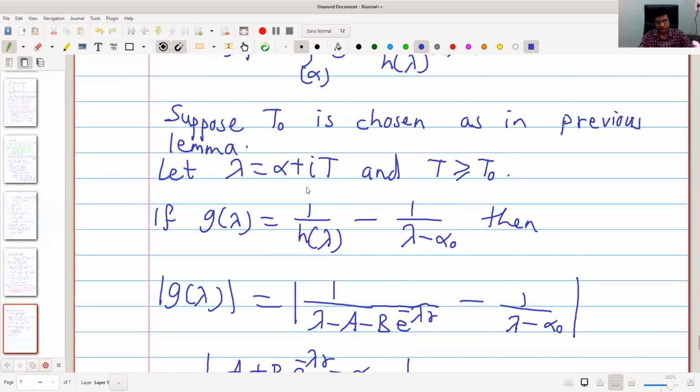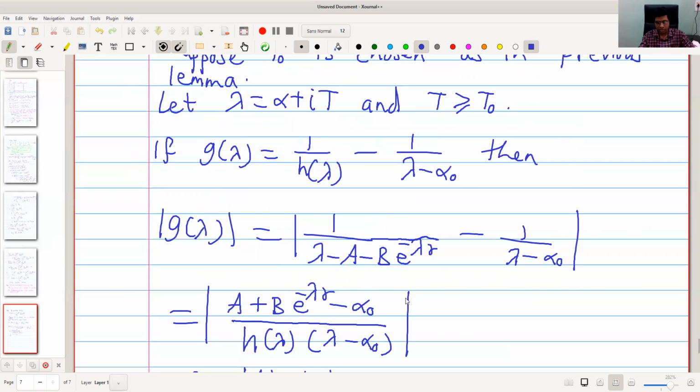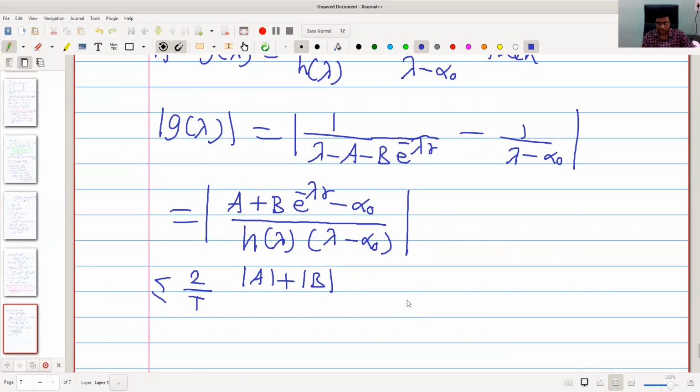Again, what is lambda? Alpha plus it. So it is e raised to minus alpha r plus mod of alpha 0. We can replace minus by plus. We are writing this because this thing is bigger than the denominator.